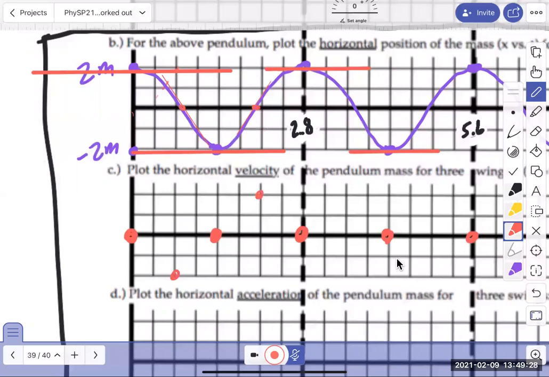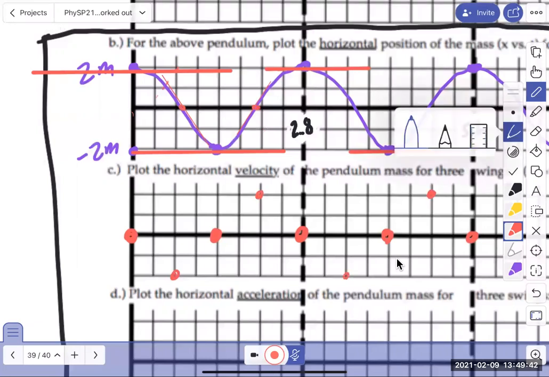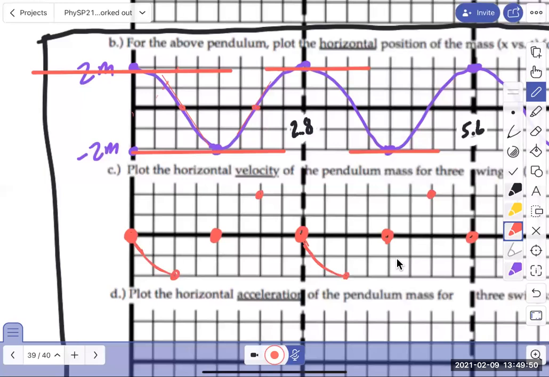Well, now what's shaping up obviously is a sine wave, a negative sine wave, and that's what we said. We said that the derivative of cosine is negative sine, and boom, there it is.